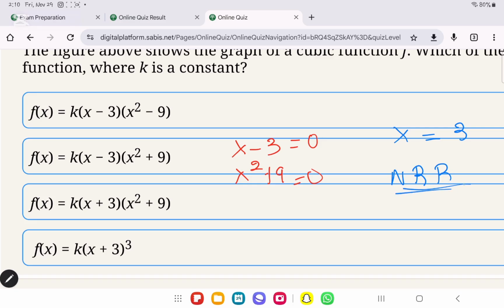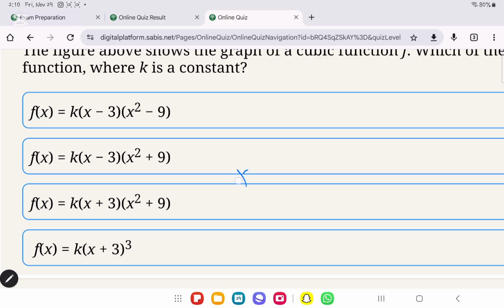Not no answer, we're just going to say for now, no real root. So our x-intercept is actually only at 3. But is our x-intercept at 3? No, our x-intercept is at negative 3. So that means this is also incorrect. Moving on to the next one.